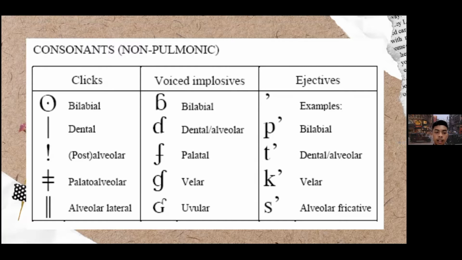Next come the ejectives. Ejectives are marked by a little apostrophe after the consonant. Pa, apa, ta, ata, ka, aka, sa, asa.